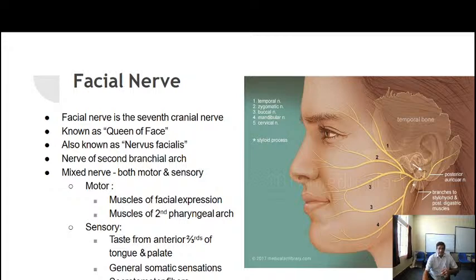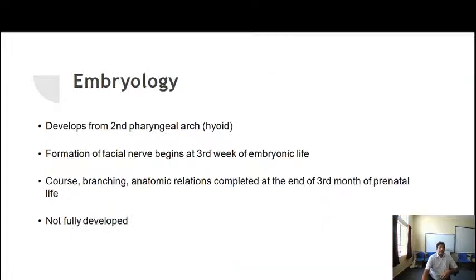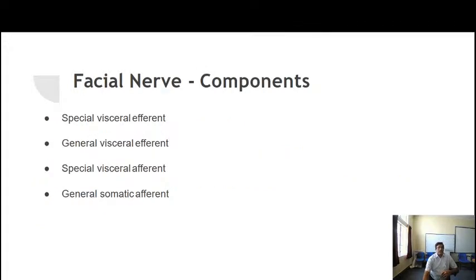Okay, with this brief introduction, we'll go into the subject proper, and that is the embryology, which develops in the second pharyngeal arch, that is called the hyoid arch, and the formation of facial nerve begins at third week of embryonic life. Now, as I told you, there are two afferent and two efferent.